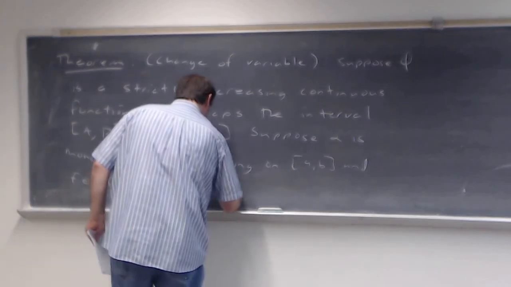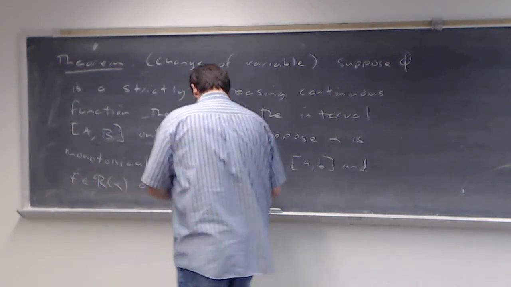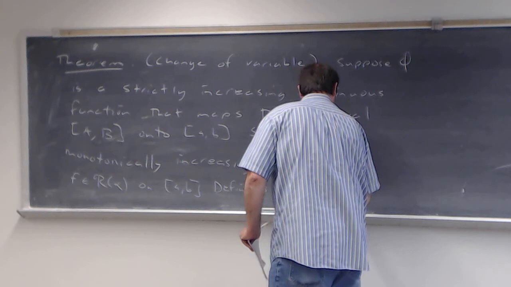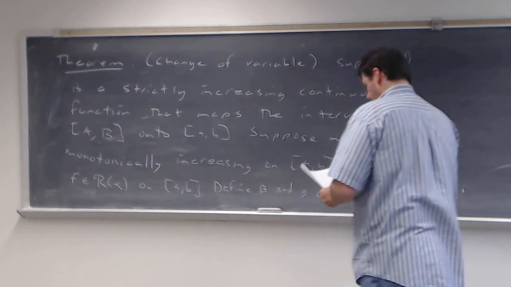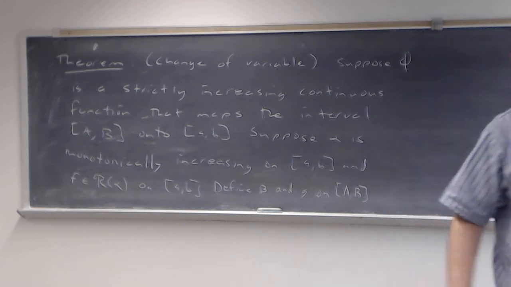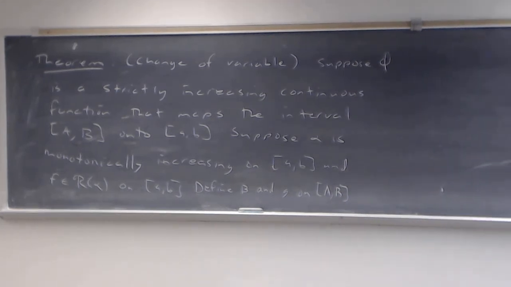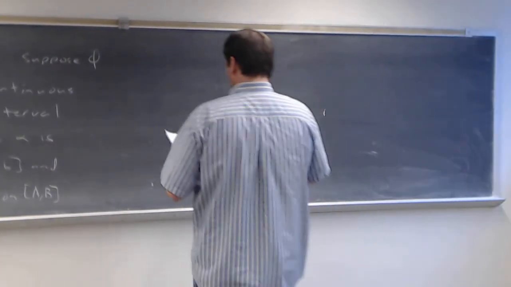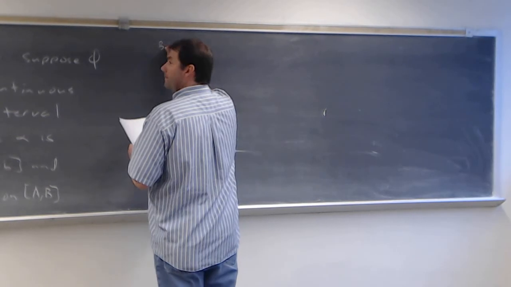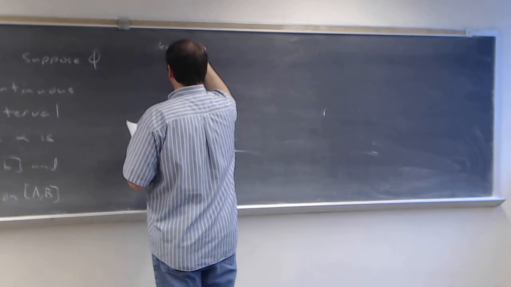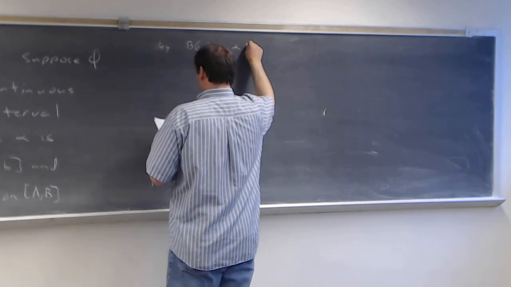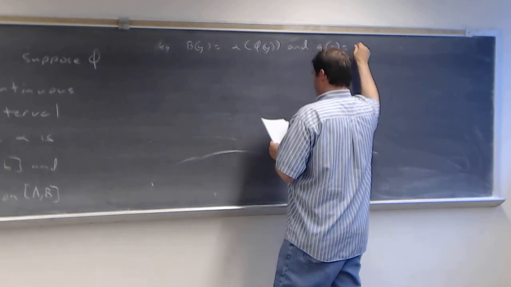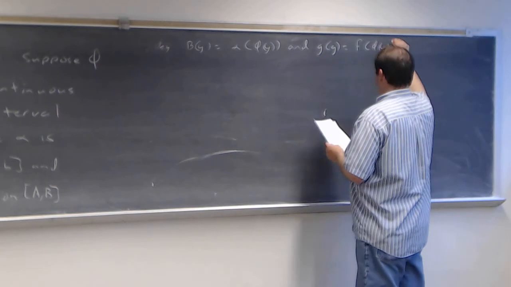Define big B and g on capital A to B by big B of y is equal to alpha of phi of y, and g of y is equal to f of phi of y.